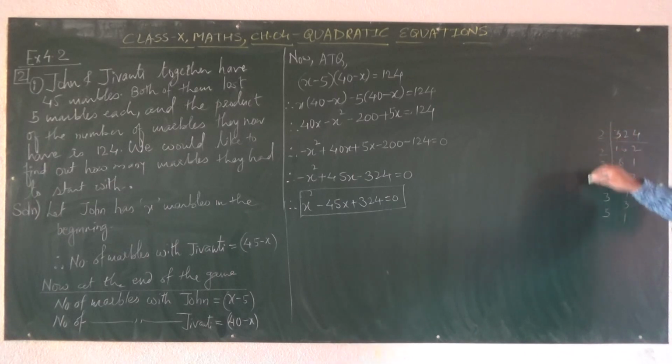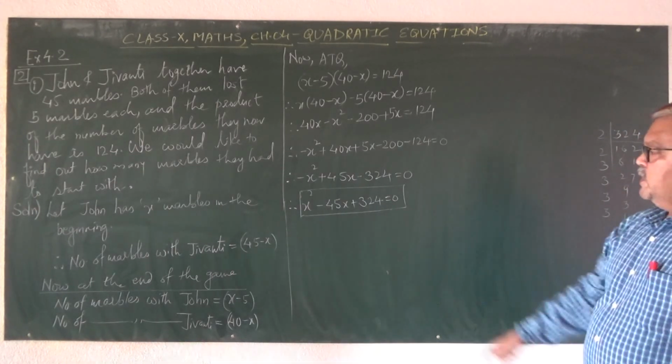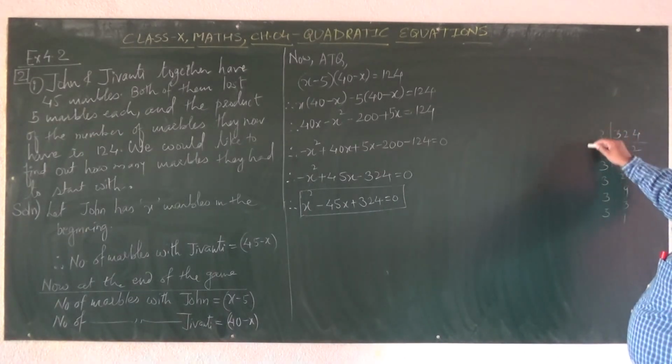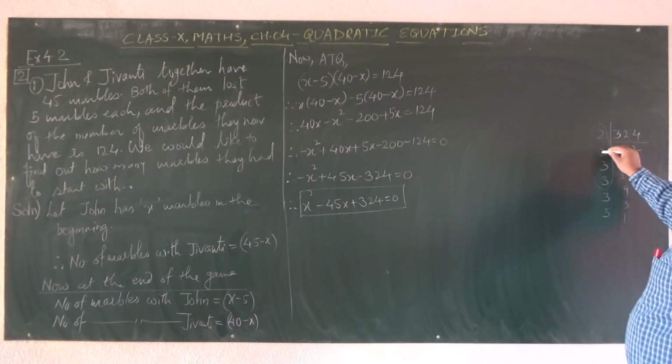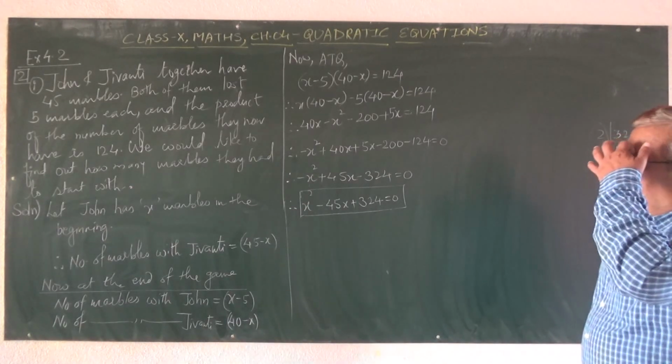So if you multiply this, you are going to get 324. But we want two numbers whose product is plus 324 and whose sum is minus 45. So let us take this. Okay, so 4 9s are 36, and 9 is 45.